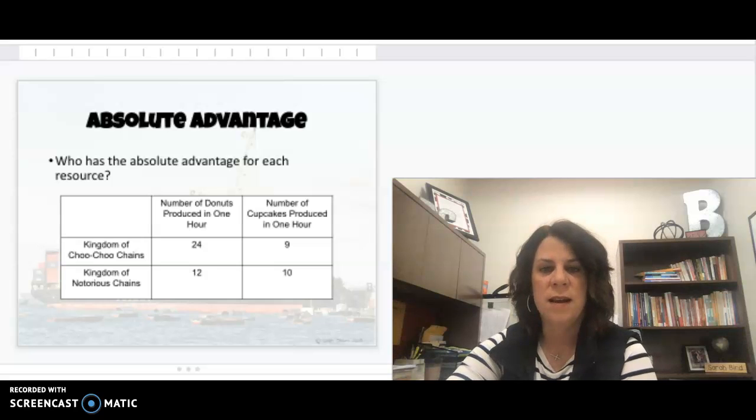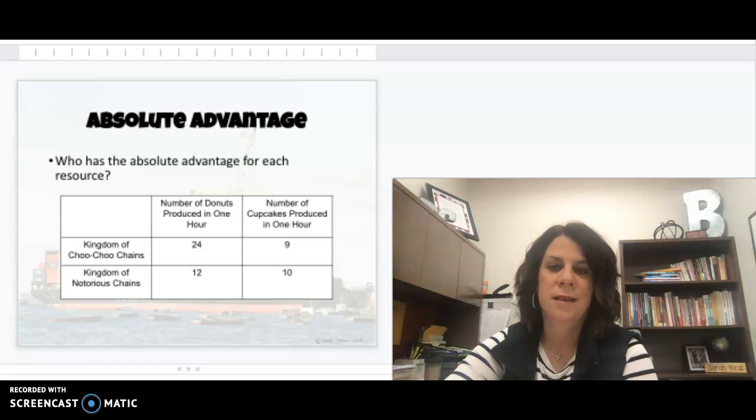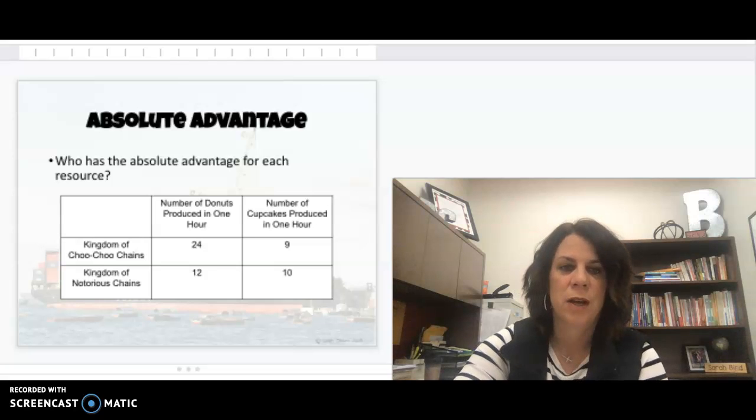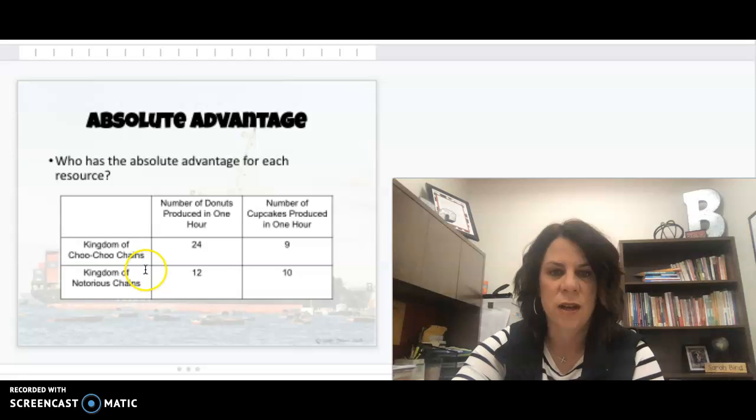All right, here's just another example for you to take a look at. So first, determining if it's an input graph or if it's an output graph. So when we look at number of donuts produced in 1 hour and number of cupcakes produced in 1 hour, this is, hopefully you said, an output graph because we're looking at the number produced. So who has absolute advantage?